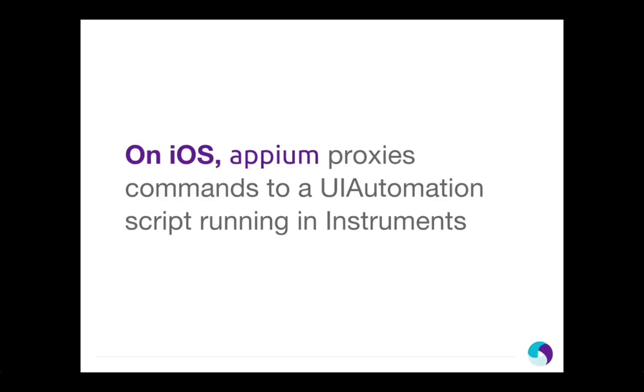Specifically for iOS, Appium proxies these commands to a UI automation script running in the instruments context. Apple provides this application called Instruments, a graphical application that lets you do a lot of things with your apps.